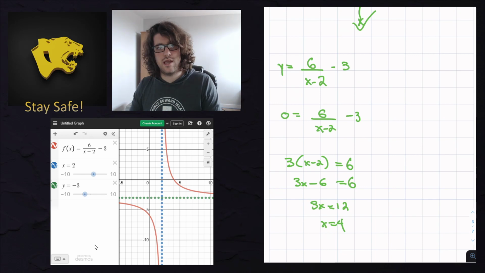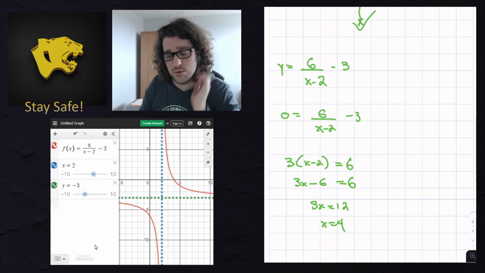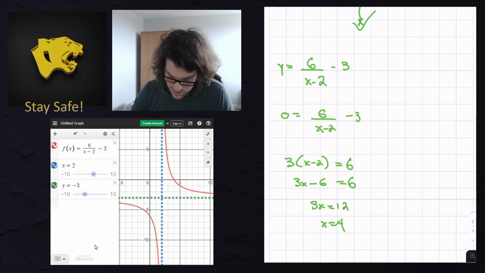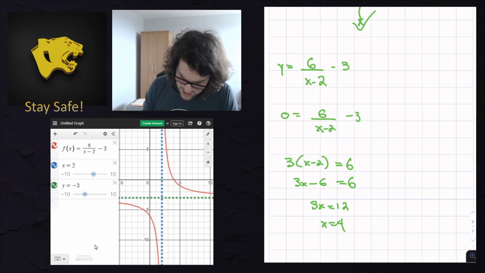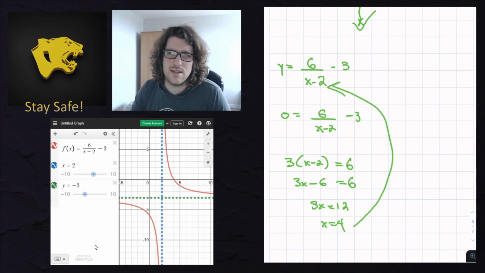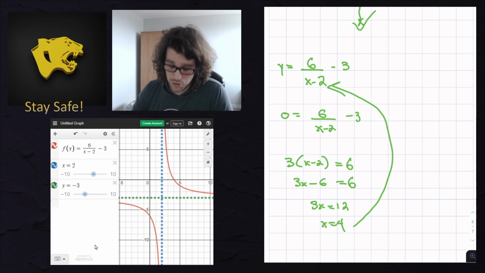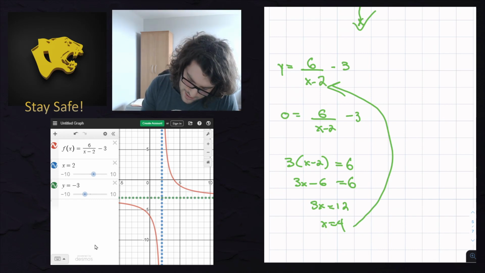So we have a single x-intercept, because it was a linear function that we solved, that occurs at x is equal to 4. If I just double check that, not that that's necessarily going to be the case for these ones, but it's always good to make sure that the values you get are actually a part of the domain. In this case they are, because it's only positive 2 that would not be a part of the domain. So x is equal to 4, great. So that's 4 comma 0, because this is an x-intercept.